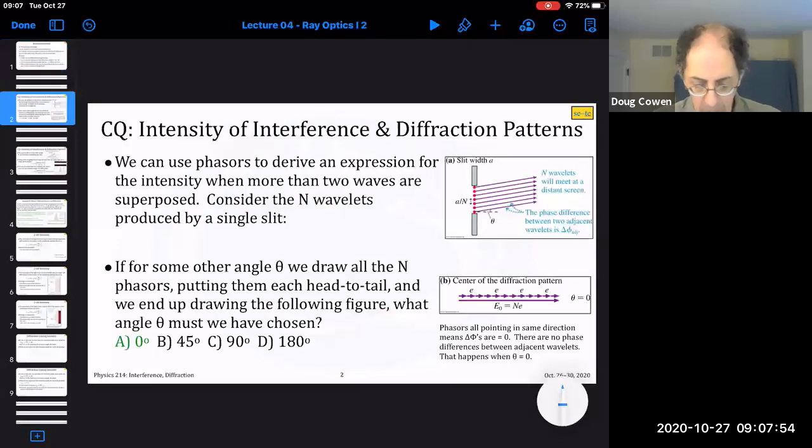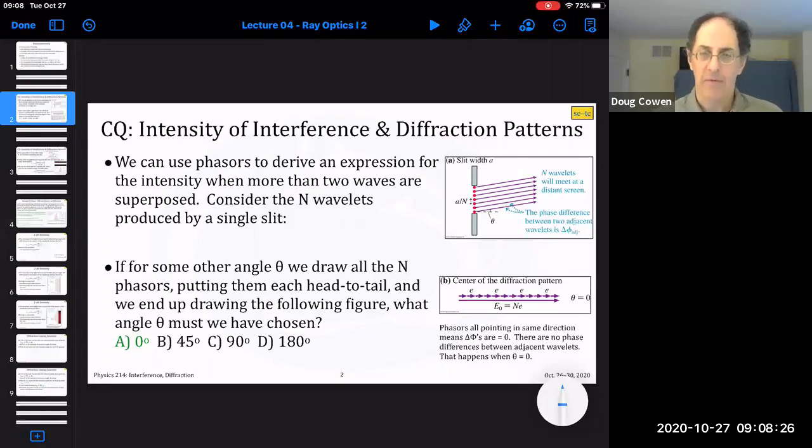Okay, so I think we did this concept question last time, but let me just review it in case we didn't. The idea behind phasors, which is what we're using to figure out the intensity of interference and diffraction patterns, is that phasors allow you to do the superposition of a set of waves that have a fixed phase difference with respect to one another.